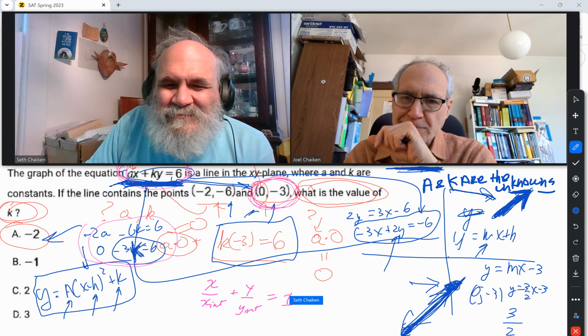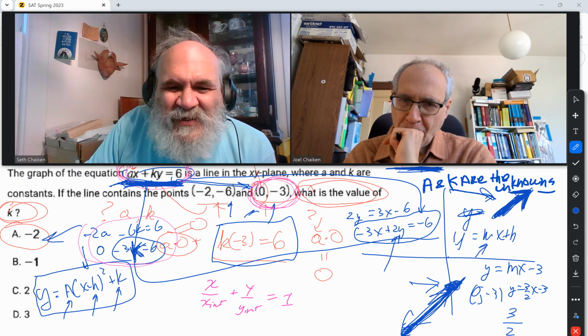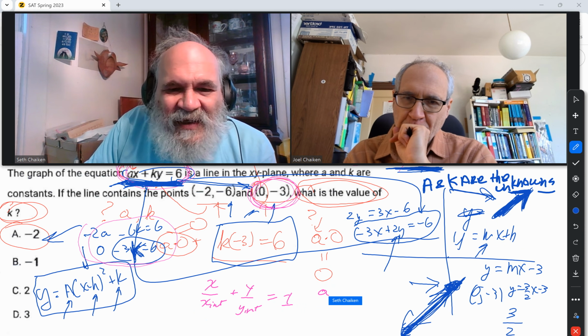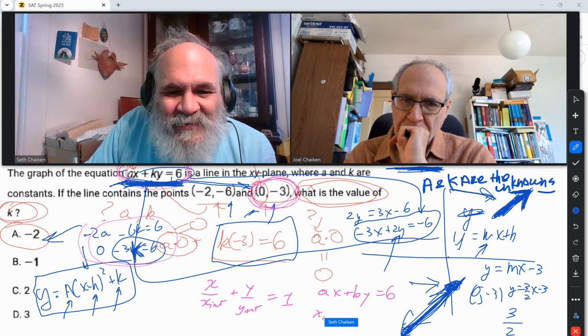Oh, okay. And therefore, if the equation is ax plus ky equals 6, then the x-intercept is equal to 6 divided by A. Right, okay.